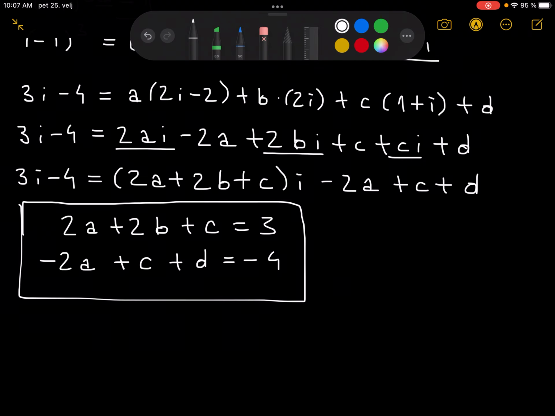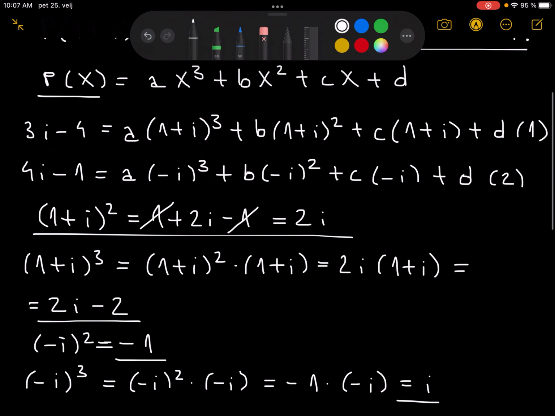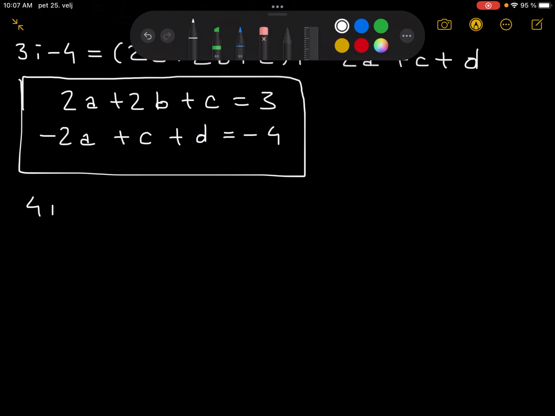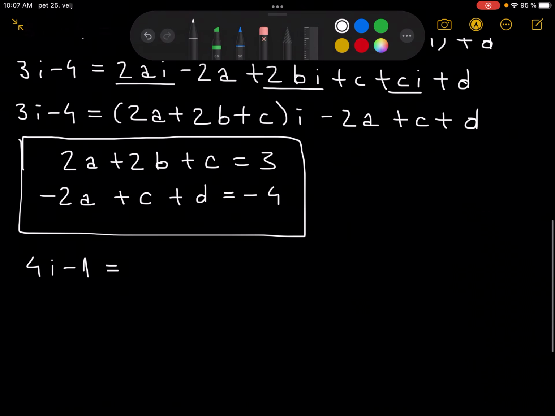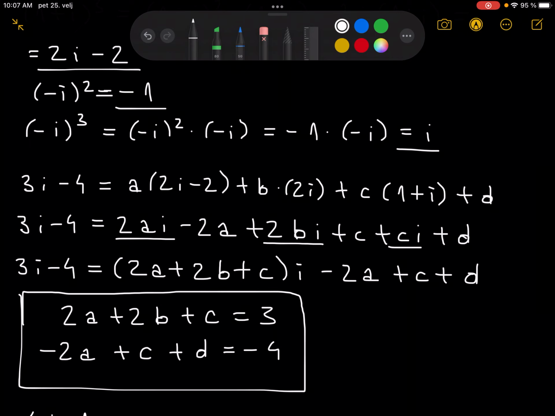And let's go ahead and do the same thing with the other two values, namely by using them in equation number 2. So we'll get that 4i minus 1 is equal to a times negative i cubed, which is just i.